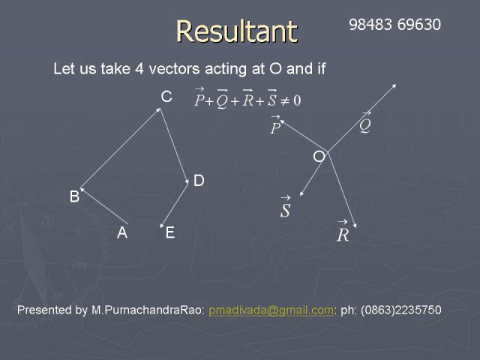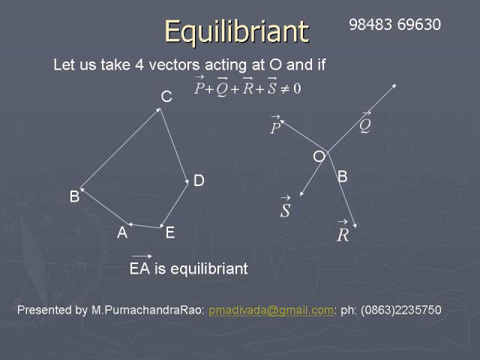Let us take the same four vectors. If P bar plus Q bar plus R bar plus S bar is not equal to 0, then by representing them as vectors, we will get AB bar plus BC bar plus CD bar plus DE bar. Then the vector EA bar that completes the polygon is the equilibriant of the four vectors.